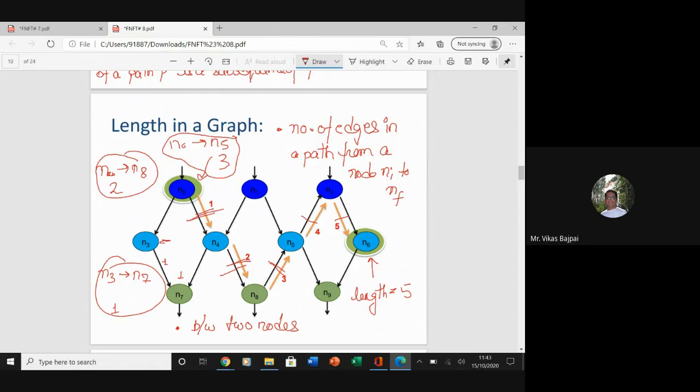It is the number of edges between two nodes. In the case of directed graphs, I need to look at the directions of the edges, that means whether there exists a path or not. I hope I'm able to clarify.